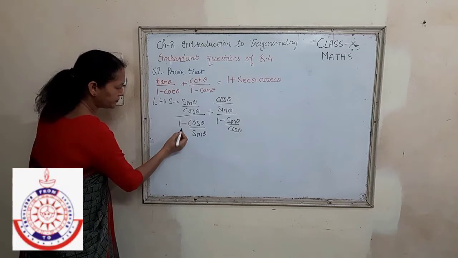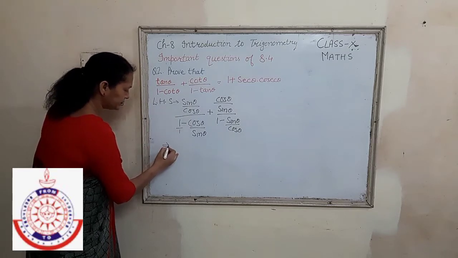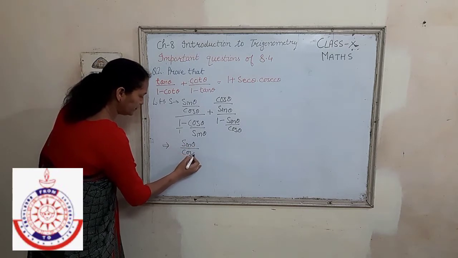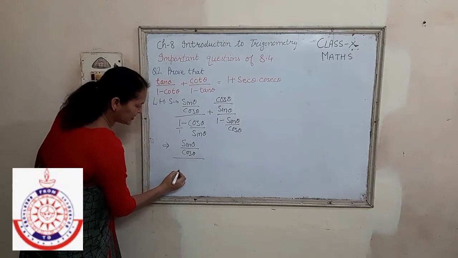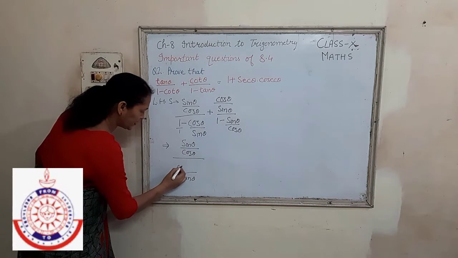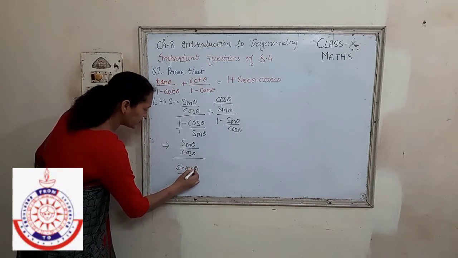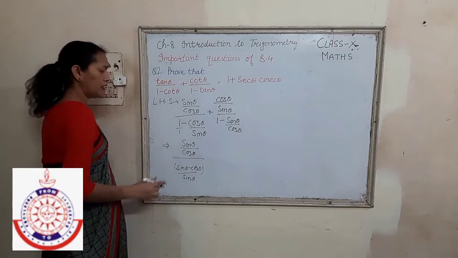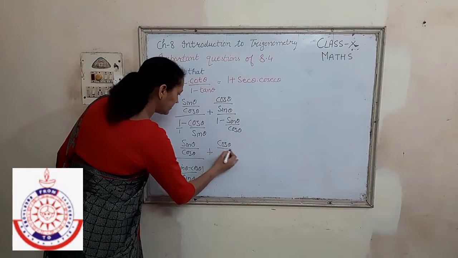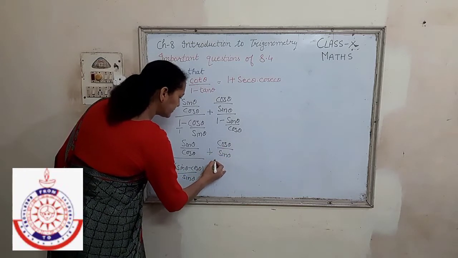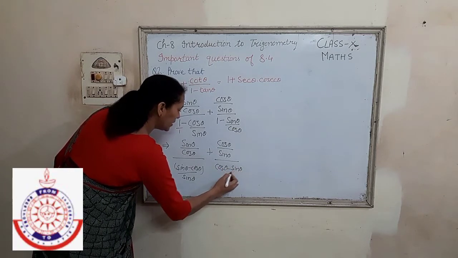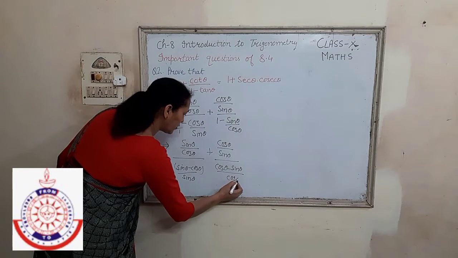Taking LCM, in the first part this is sin theta upon cos theta, over the LCM which would be sin theta only. Sin will come here: sin theta minus cos theta. In this part, it is cos theta upon sin theta. After taking LCM, we will be having cos theta minus sin theta upon cos theta.